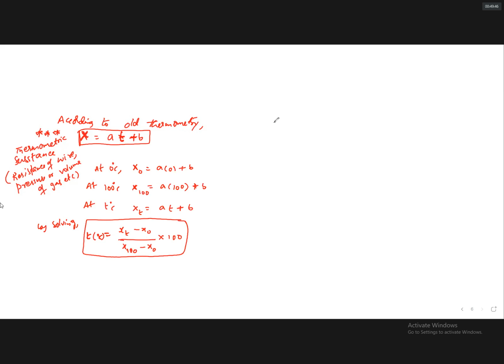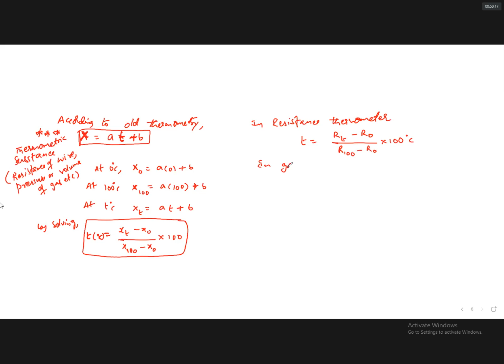Suppose in a resistance thermometer, they give resistance values at 0 degrees Celsius, at 100 degrees Celsius, and at T degrees Celsius, then the temperature to be measured can be calculated as (RT minus R0) by (R100 minus R0) into 100 degrees Celsius.